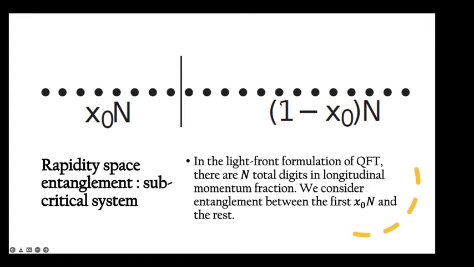Then it's natural to integrate out the valence partons and consider the entanglement entropy, which is a function of x naught, the momentum fraction defining the soft or slow-moving part, and the total number of digits N, which is in fact the natural rapidity gap.